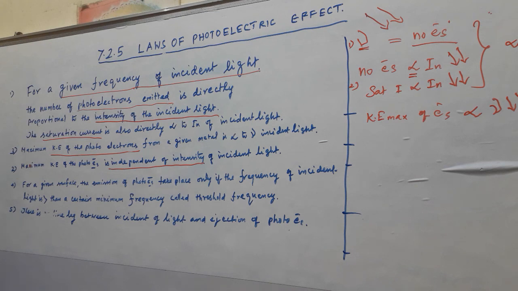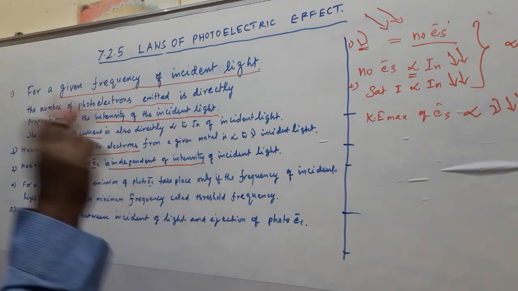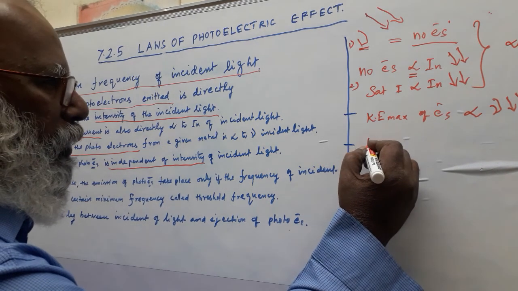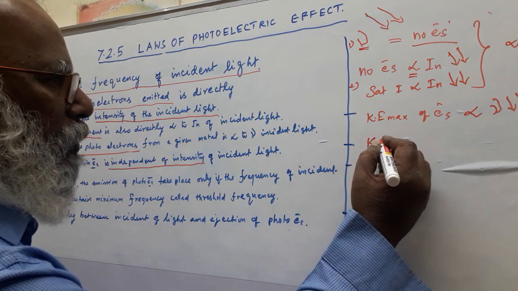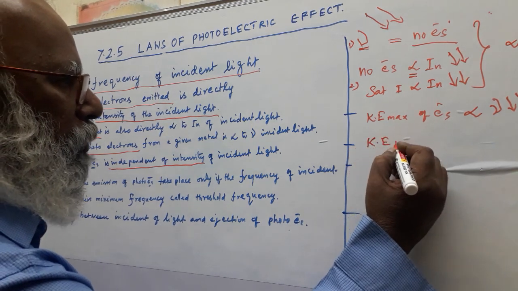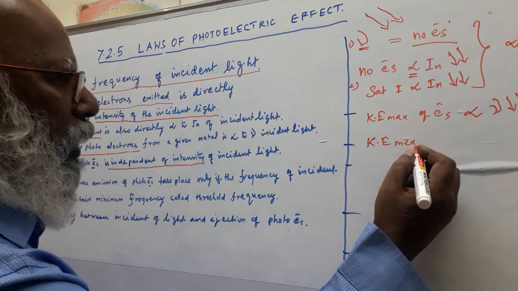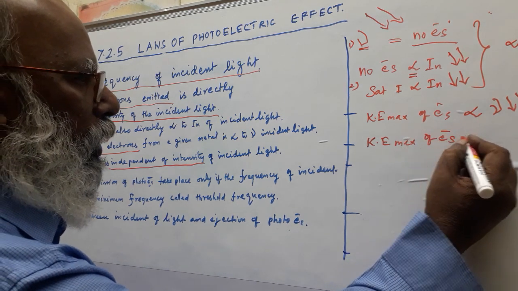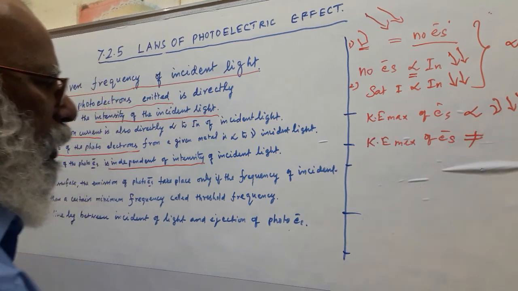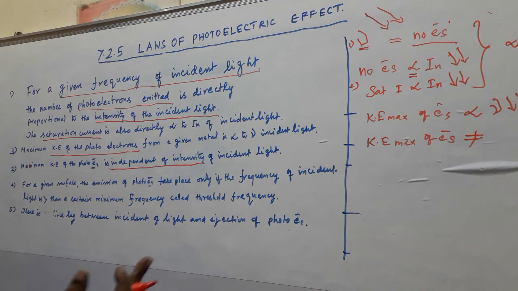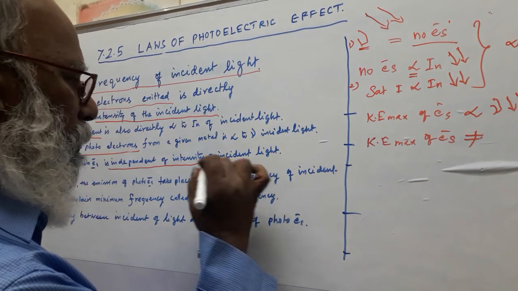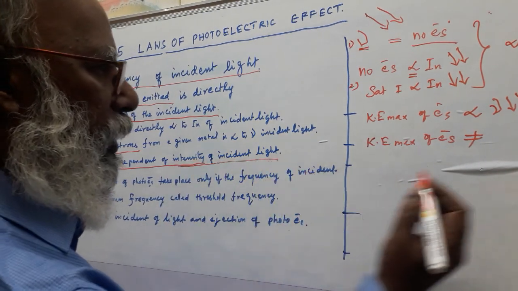Independent of intensity means it does not depend on intensity. That means the maximum kinetic energy of photoelectrons is independent of intensity of incident light rays.